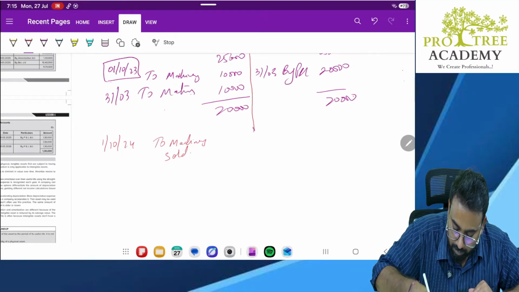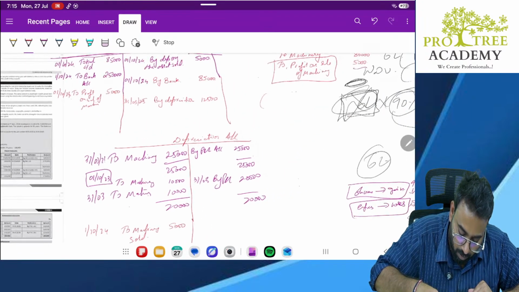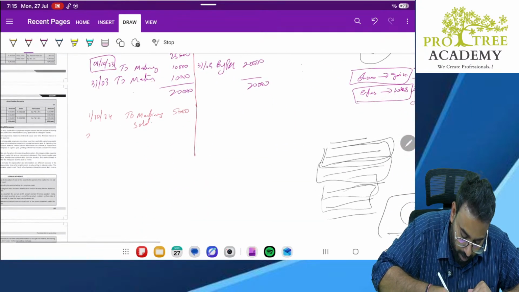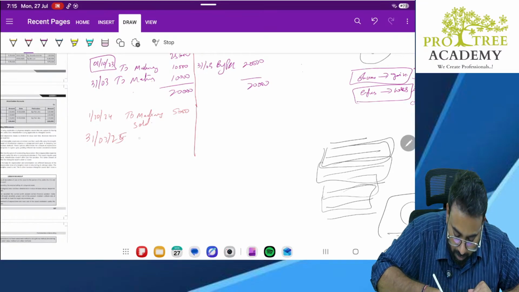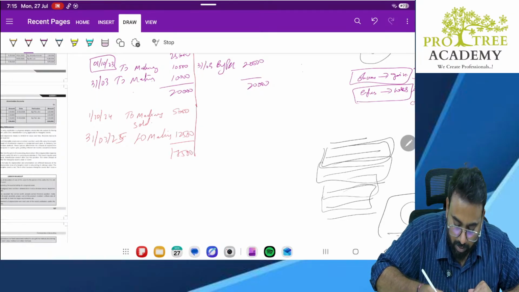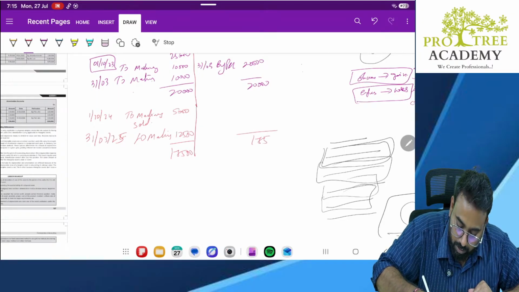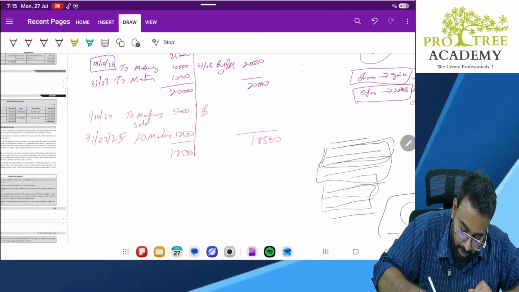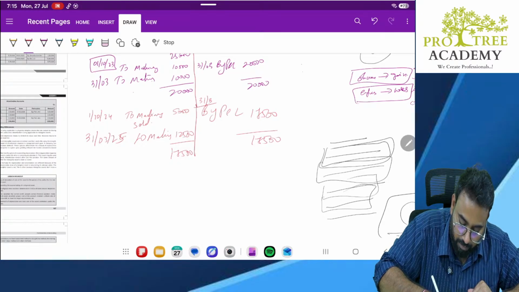How much? 5,000 only, no? Then on 31st March 25, to machinery 12,500. Total 17,500. Here also 17,500. By profit and loss 17,500. Date will be 31st March 25.